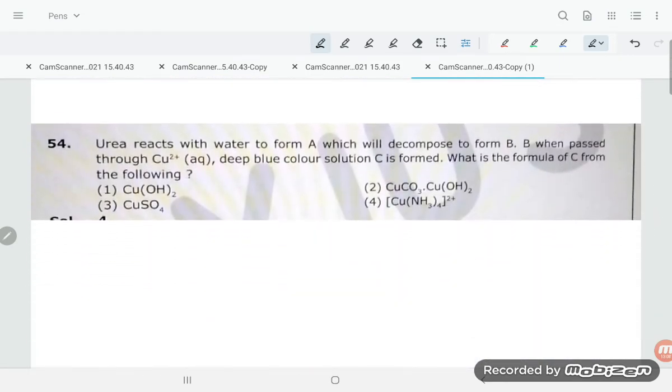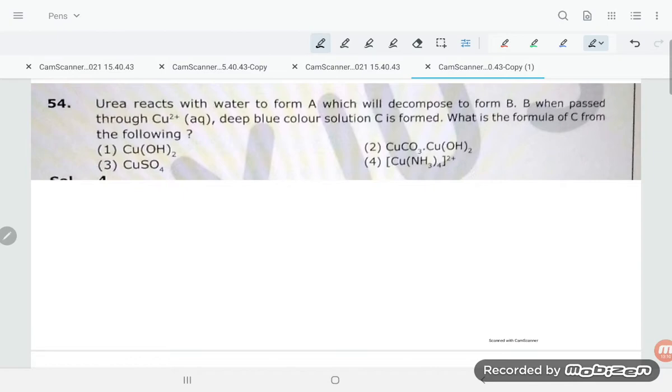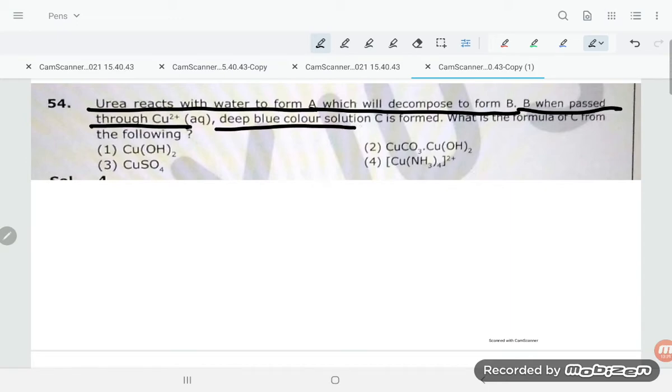Now let us move to question number 54. Urea reacts with water to form A, which will decompose to form B. When B is passed through copper 2 plus, a deep blue colour solution C is formed. What is the formula of C from the following? Quite a good question. Urea reacts with water.